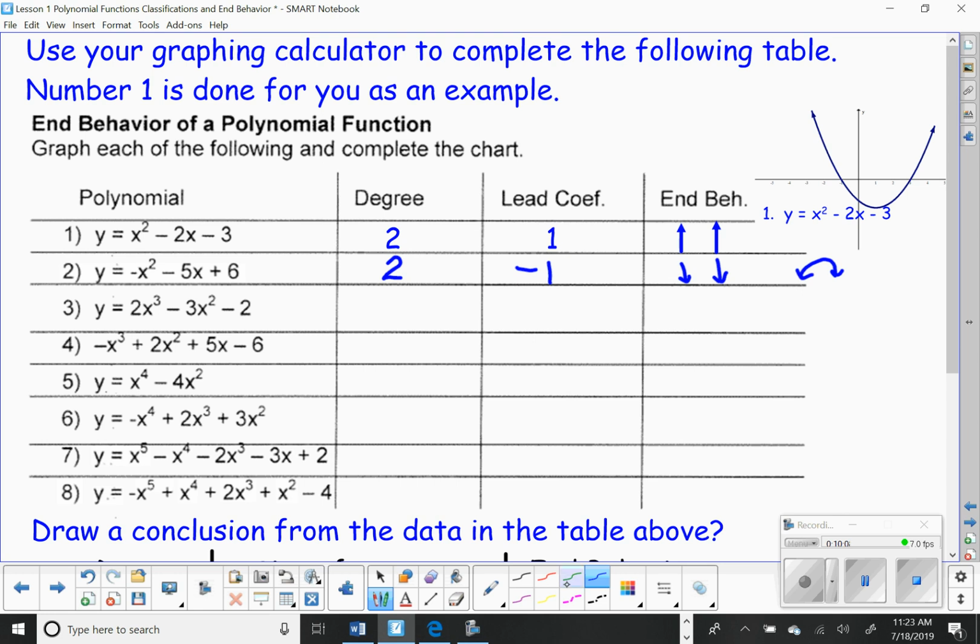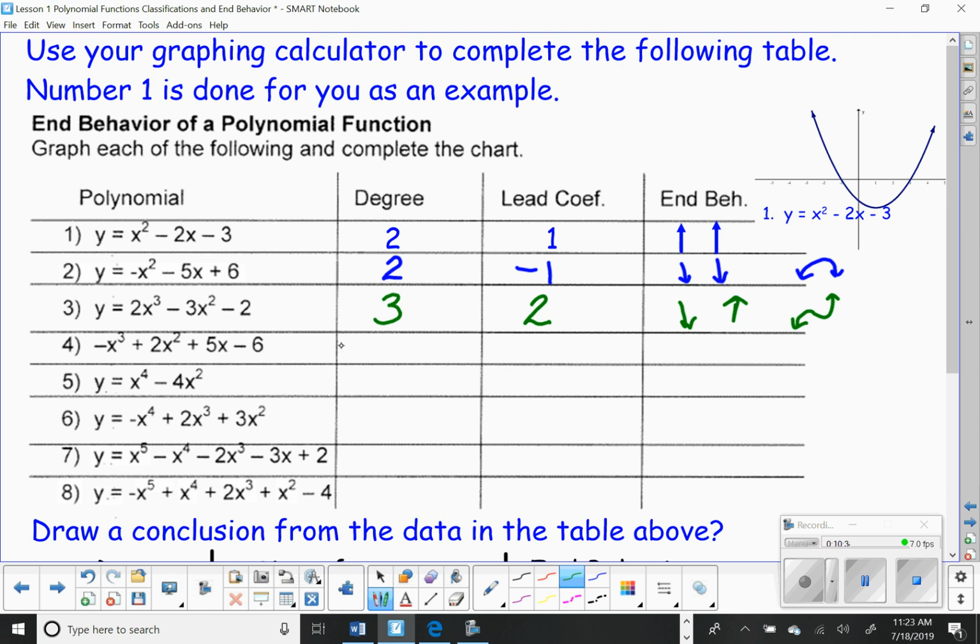The next one, y equals 2x cubed minus 3x squared minus 2. It has a degree of 3, a lead coefficient of 2. Now, its end behavior was going down and then up. It looked something like this.